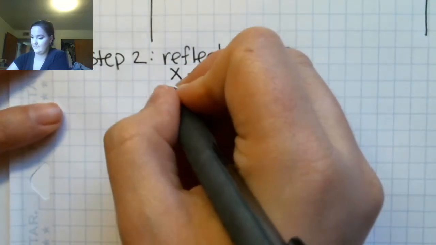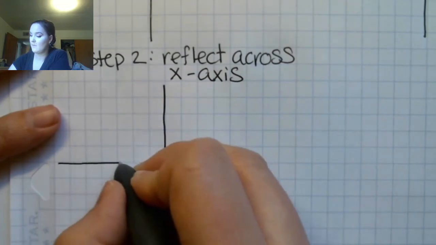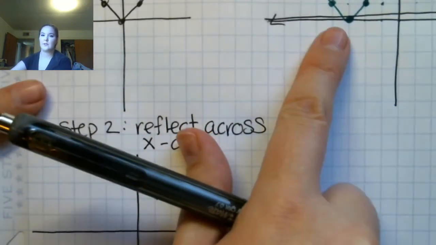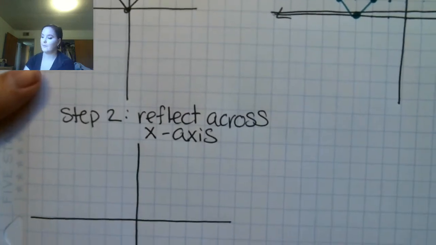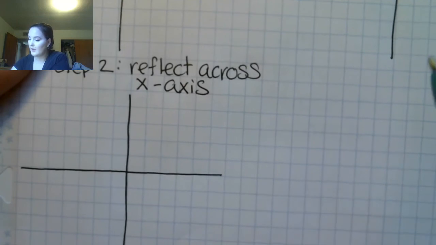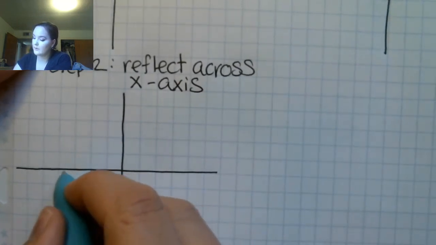So we're going to take our key points from here and we're going to reflect them. So I had a key point that was 1, 2, 3, 4, 1.